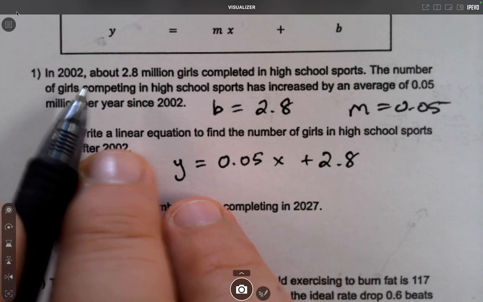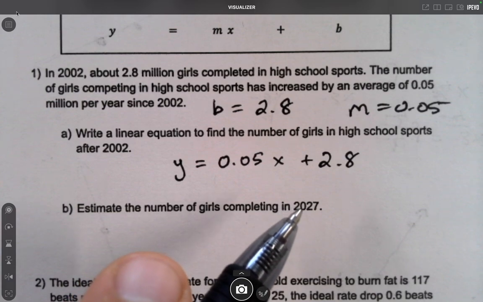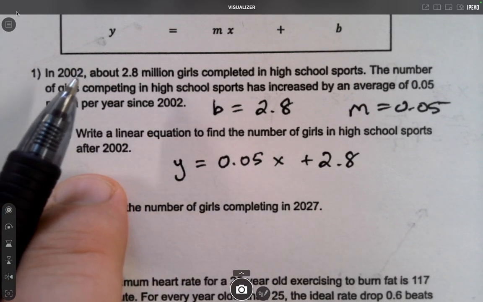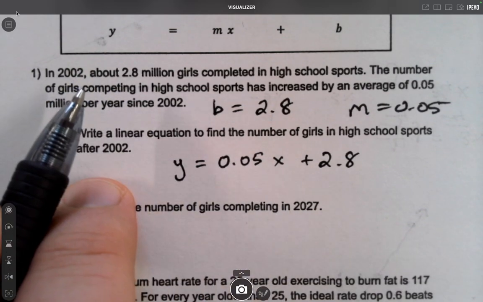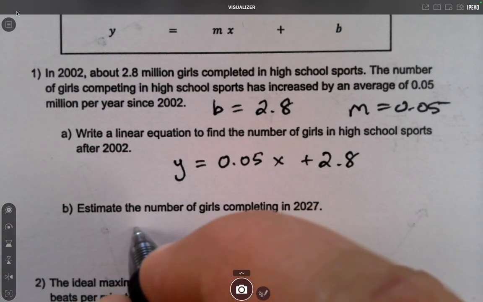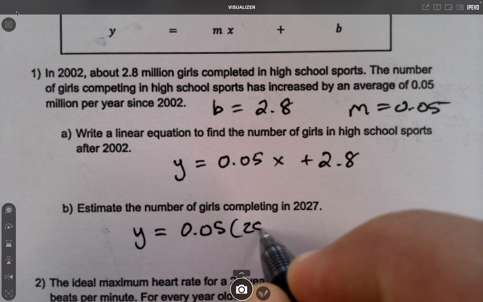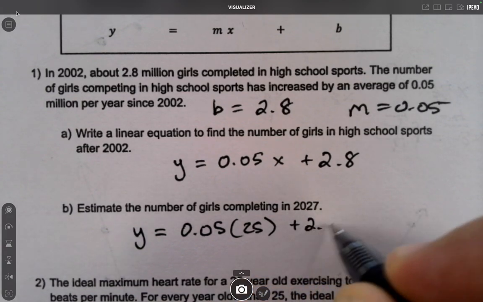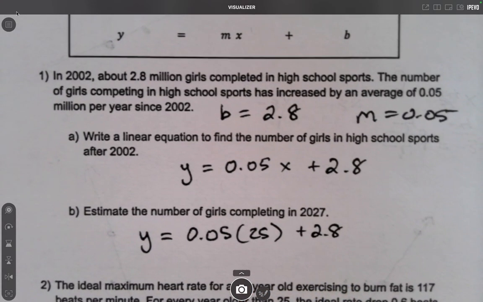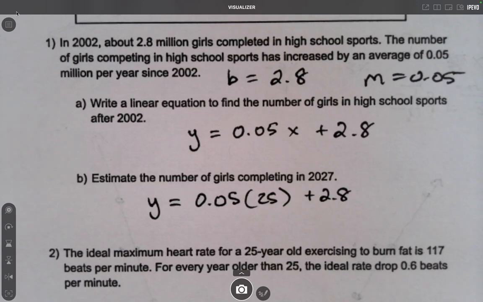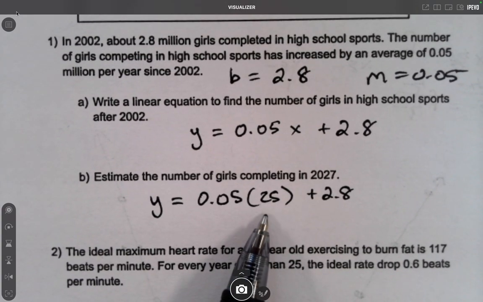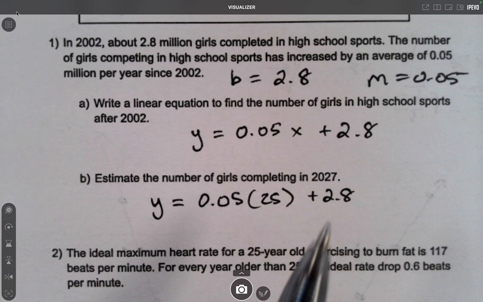And if you can't tell just by looking, that's fine. You can just subtract the later year minus the first year. And when you do subtract those, you get 25. So we need to plug in 25 as our x, because 25 years after 2002 is 2027.